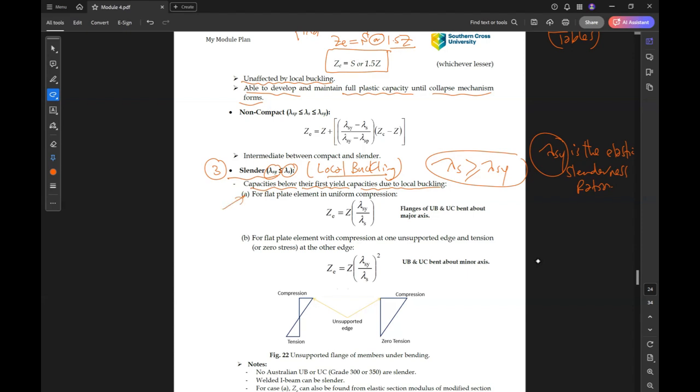To calculate Z effective for a flat plate element in uniform compression, Z effective equals Z times lambda sy over lambda s. This is for flanges of UB and UC bent about their major axis.